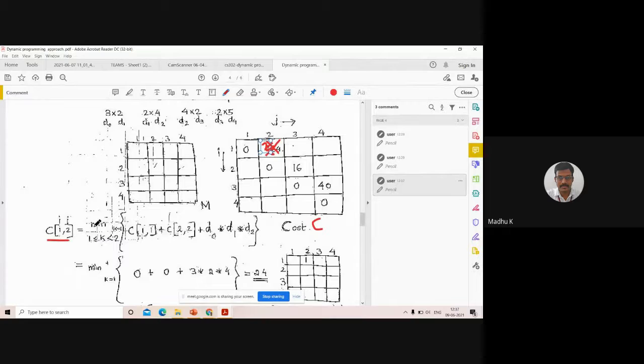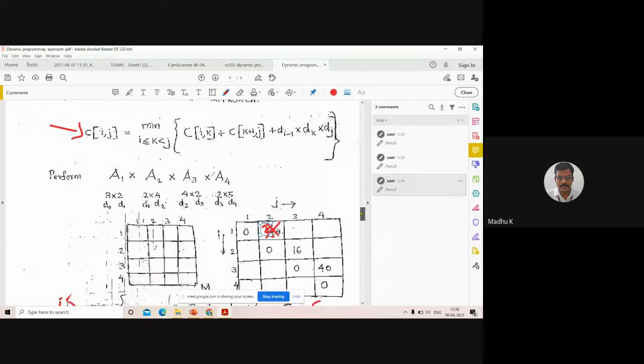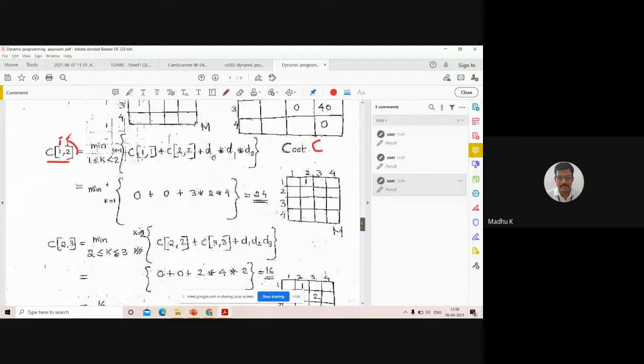So this is the general equation, min with i as 1. You can note there are two variables i and j. So the equation will become this. We note what i is and what j is, then just substitute the values in this equation.